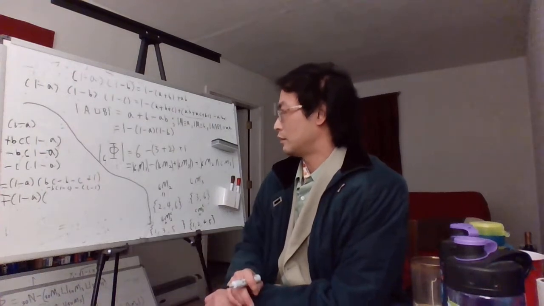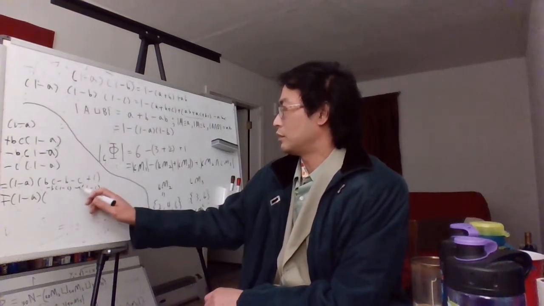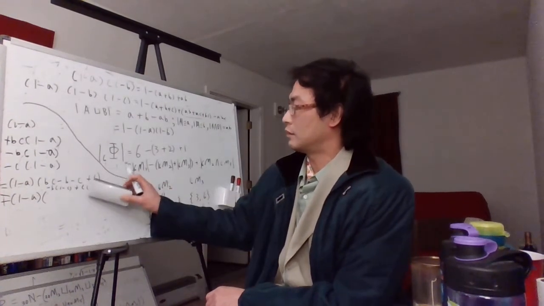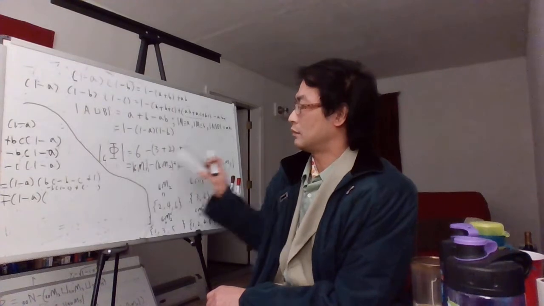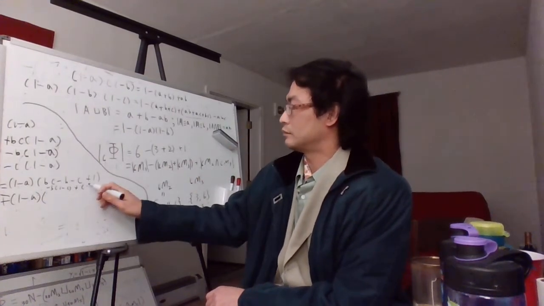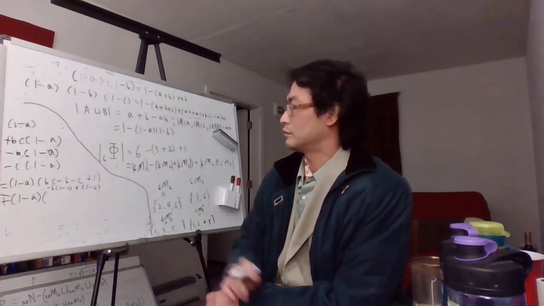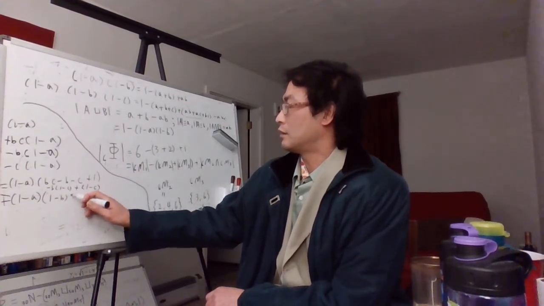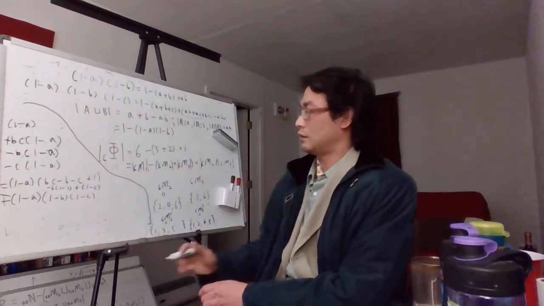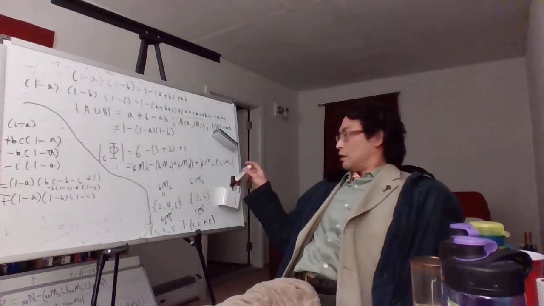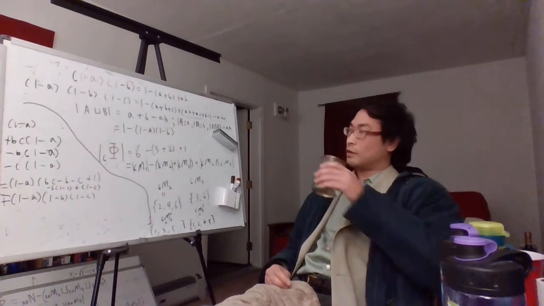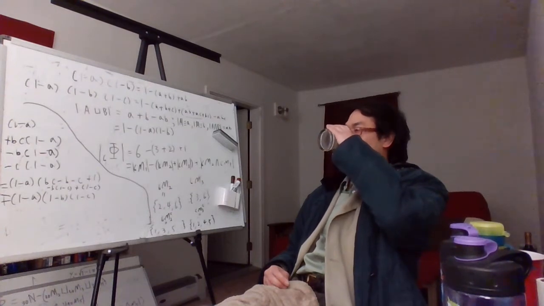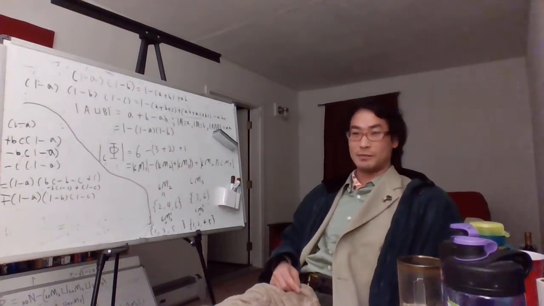Plus 1 minus C. So you have 1 minus B, 1 minus C. Mathematics, such a mess. It's in my head because I'm not that good at it.